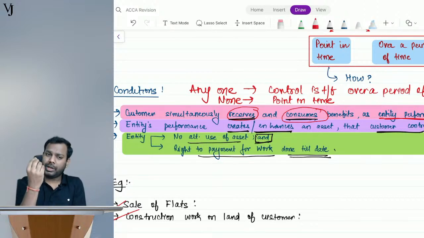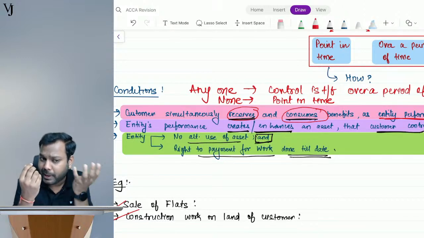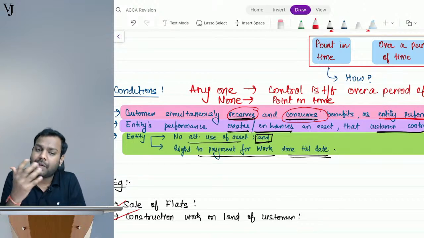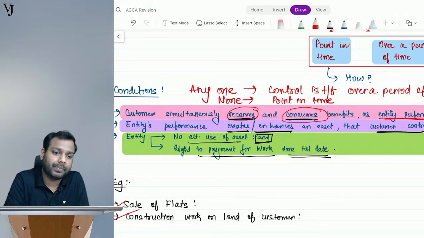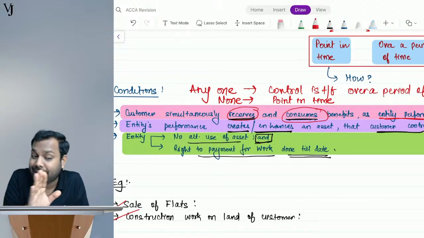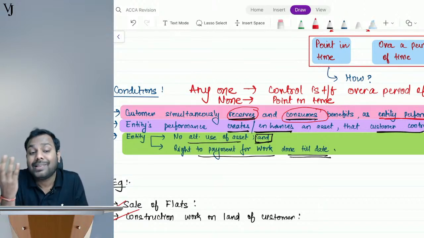Now, don't you think as and when DLF is constructing the building, it creates an asset for Mukesh Ambani? Tell me, Arun. It creates or enhances, meaning increases the value. I'm not saying about appreciation. I'm saying creates or enhances.